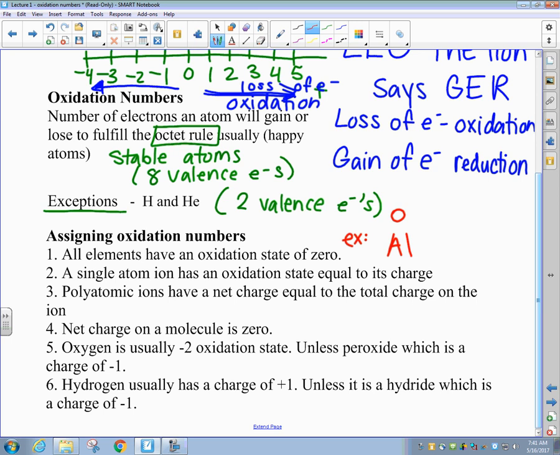The reason being, the total number of electrons equals the total number of protons for a neutral element. Rule number 2 says a single atom ion has an oxidation state equal to its charge. For example, if we have an ion of manganese with a +2 charge, we know that the oxidation state of manganese is also +2.